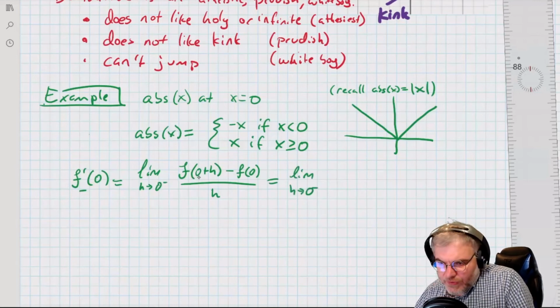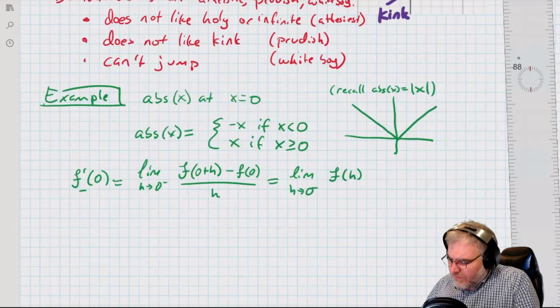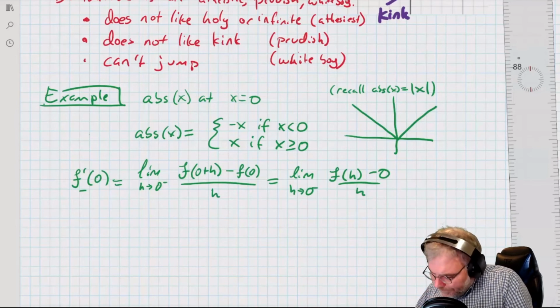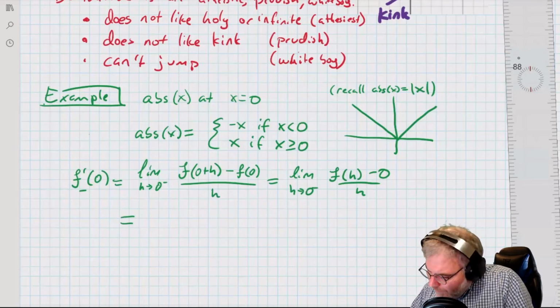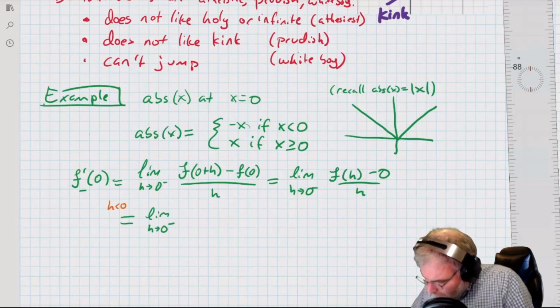which equals the limit as h goes to 0 from the left. Now, f of 0 plus h, this is a 0, right? So it's just f of h minus f of 0. Well, the absolute value of 0 is, well, 0 over h. Now, for this limit, I'm less than 0, so I'm going to use this part of the definition. Now I'm going to be using negative x.